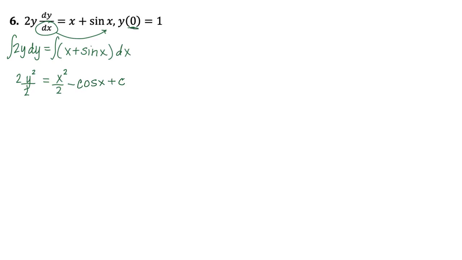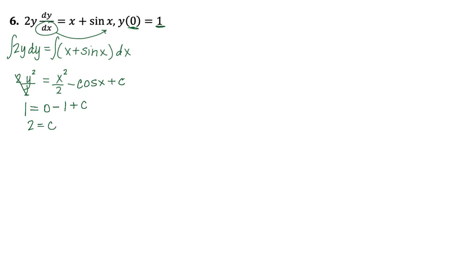Now let's plug in our x and y value. So I'm going to also cancel out those 2's. So I'm going to have 1 equals, and plugging in 0 here, I'm going to have 0 minus cosine of 0, which is 1, plus c. So it looks like c is going to end up being 2.